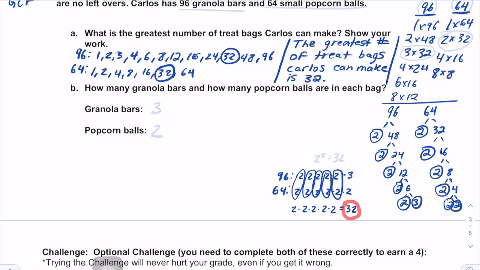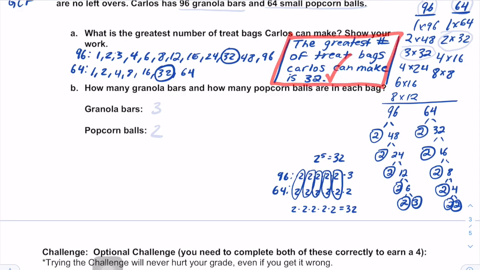Keep in mind, you could also just see that there are 5 2s in common and solve for 2 to the 5th power, which again gives you 32. So this tells us that the greatest number of treat bags Carlos can make is 32.